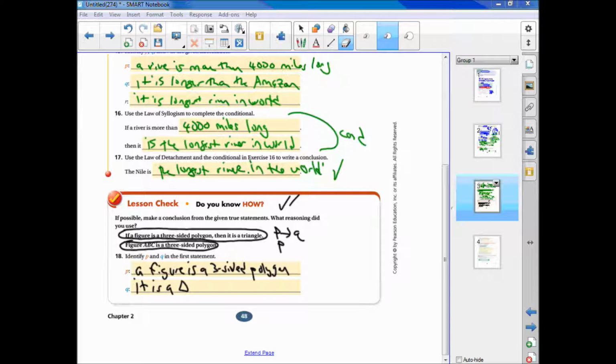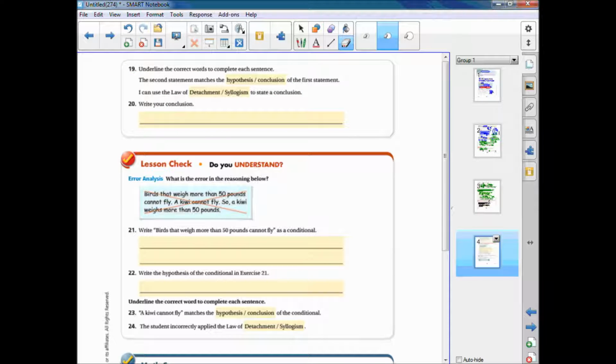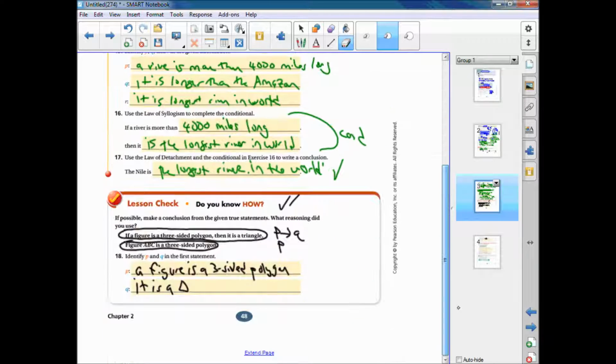All right, if we flip the page over, underline the correct words to complete each sentence. The second statement matches the hypothesis of the first statement. So flip back and look. So figure is a three-sided polygon, that goes with the hypothesis. So figure ABC matches our hypothesis.